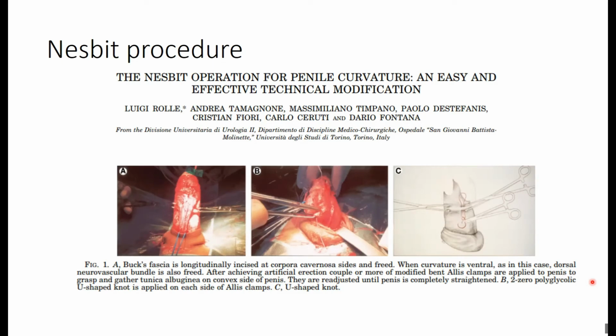As in this case, the dorsal neurovascular bundle is also freed after achieving artificial erection. A couple of modified Allis clamps are applied to the penis to grasp the gathered tunica vaginalis on the convex side of the penis. They are readjusted until the penis is completely straightened.